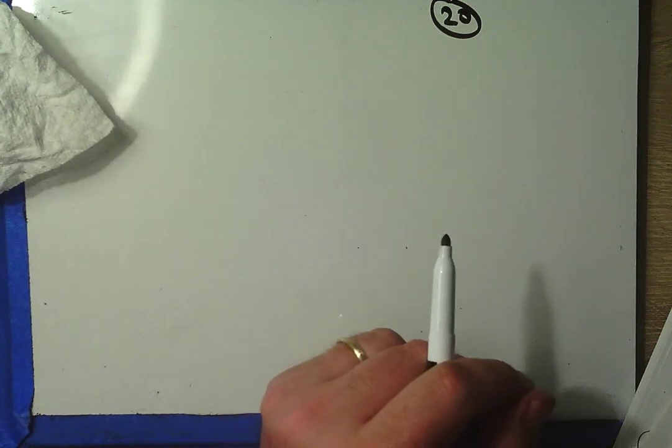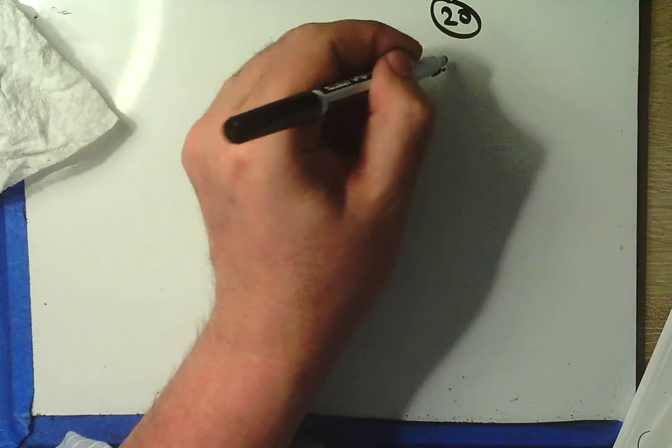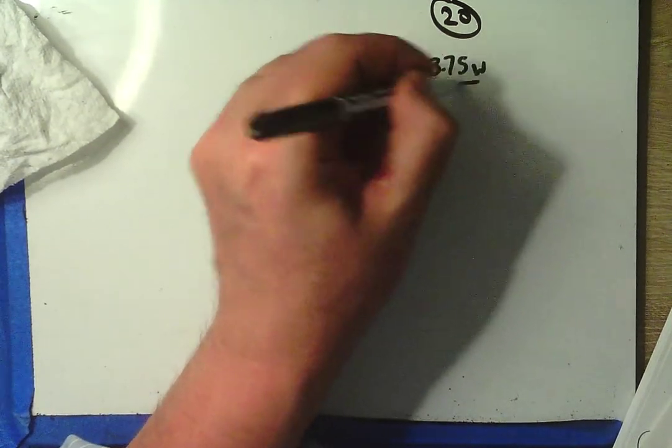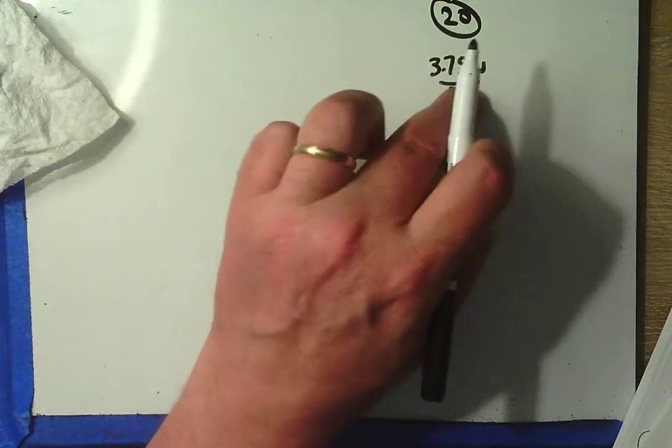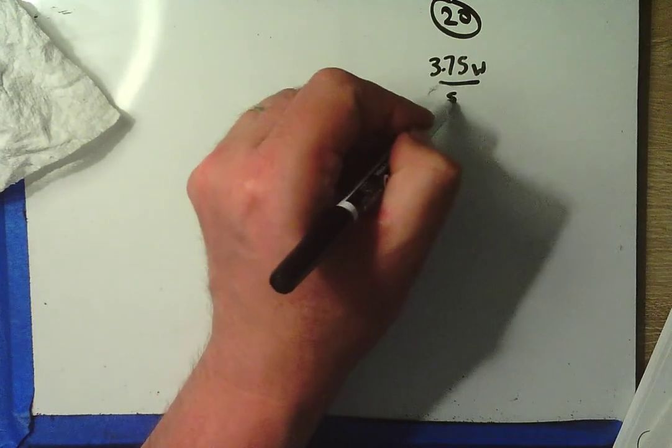20 says, the court reporter types every word spoken during trials and hearings so that there is a written record of what has transpired. Suppose a certain court reporter can type 3.75 words per second. Wow, that's so fast.